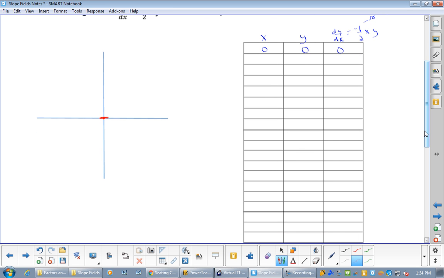Now let's put some numbers in here. I'm just going to go up to 2 on there. So 0, 1, I'm going to split this up a bit. So 1, 2, negative 1, negative 2.